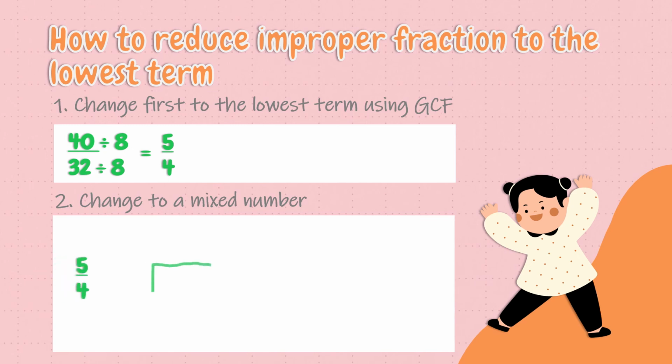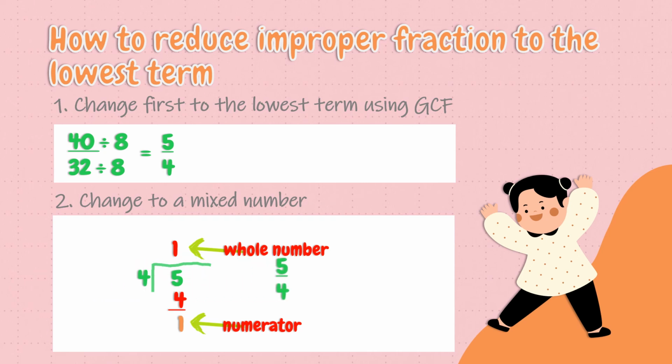That is 5 divided by 4. How many 4 are there in 5? That is 1. 1 times 4, that is 4. 5 minus 4 is 1. 1 is the whole number, and the other 1 is the numerator. So 5/4 will become 1 and 1/4.